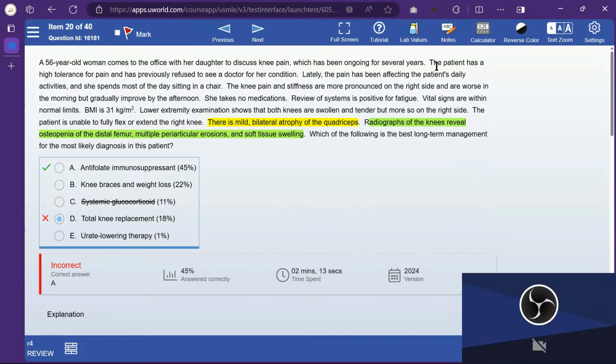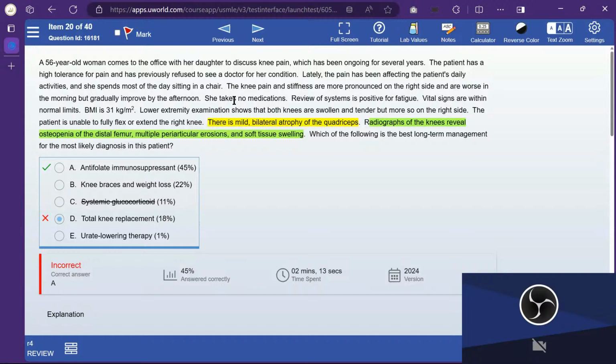The patient has knee pain and stiffness pronounced on the right side, worse in the morning but gradually improving in the afternoon.